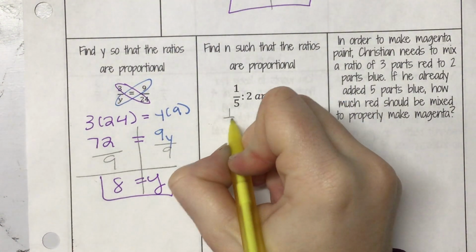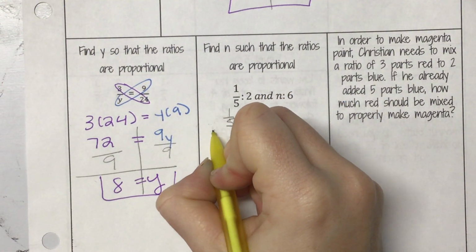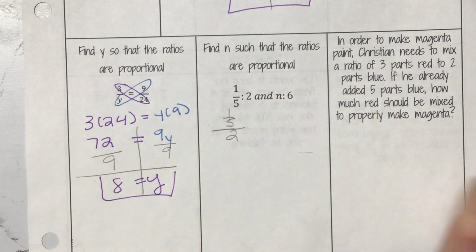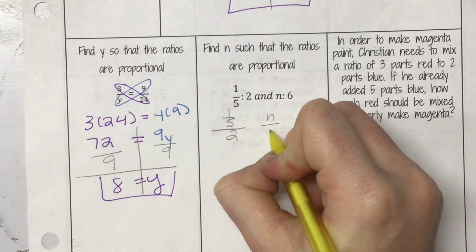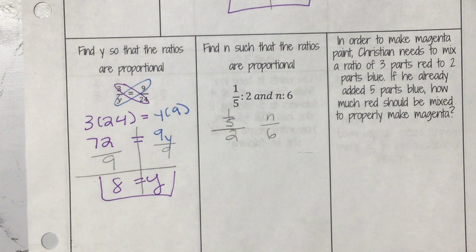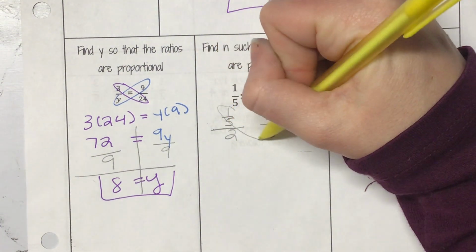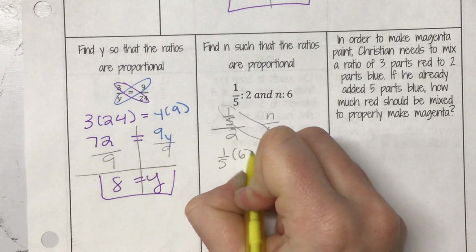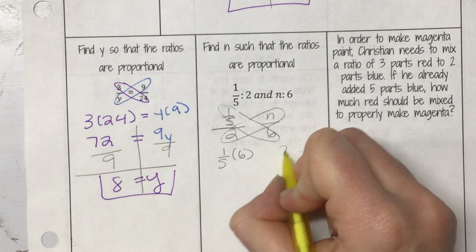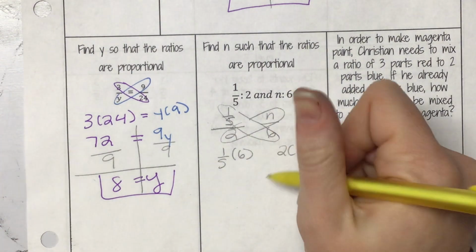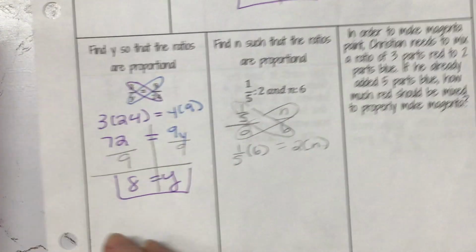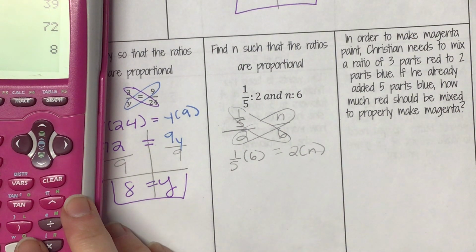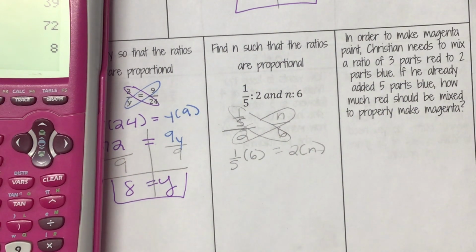So I'm going to do 1/5 over 2 and n over 6. Then I'm going to cross multiply: 1/5 times 6 and 2 times n.